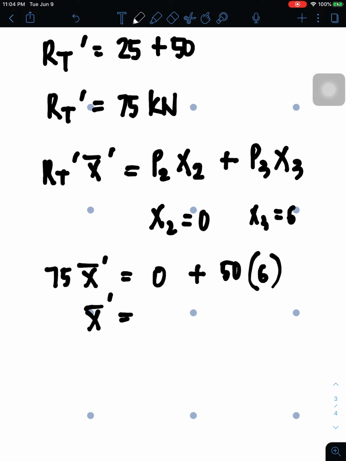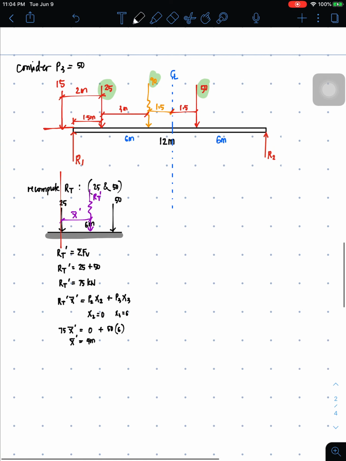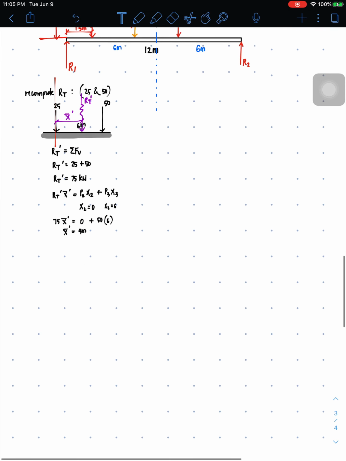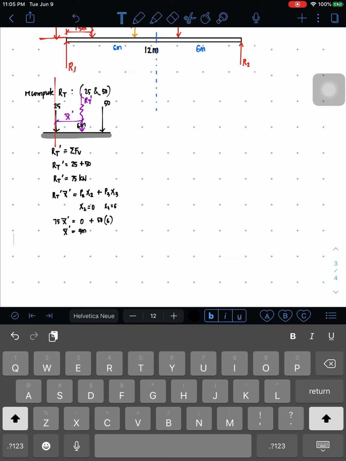It's 4 meters. So the new resultant together with the 50 mo na itong i-consider.